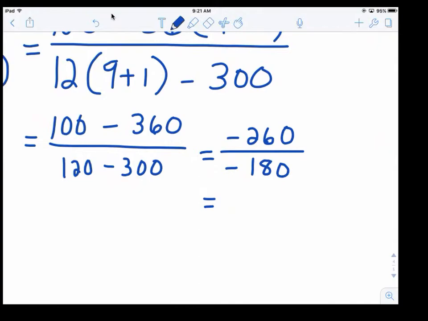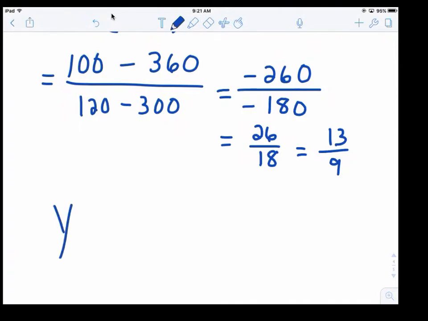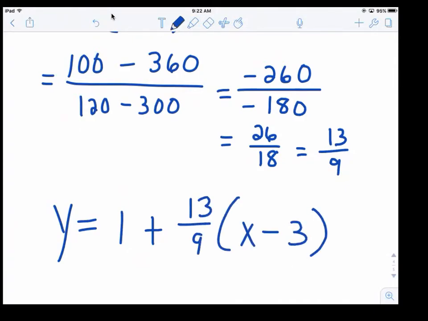So that's going to give you what? 26 over 18, which is 13 over 9. Right. So your final answer now is y equals 1 plus 13 over 9 times x minus 3.